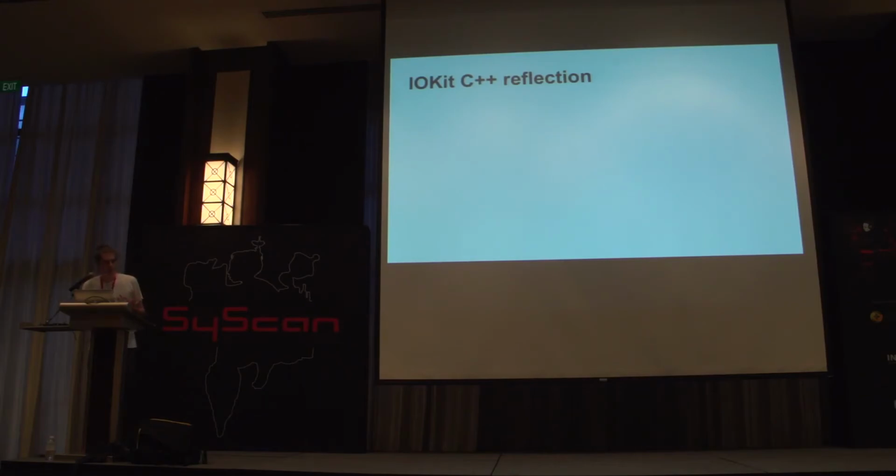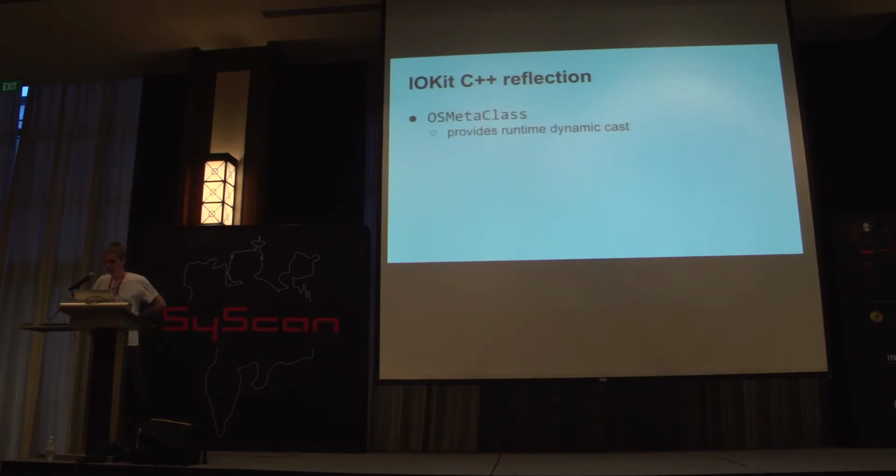So the example bug that we're going to show that is reached via an external method is in one of these extra bits of functionality that Apple have added to C++, which I mentioned, and something that might sound kind of strange. So I hope that the phrase C++ reflection jumps out at you. If anyone in the audience has ever read any write-ups of Java exploits or Java bugs, almost every single one of them is a bug in the way it does reflection, or at least uses reflection.